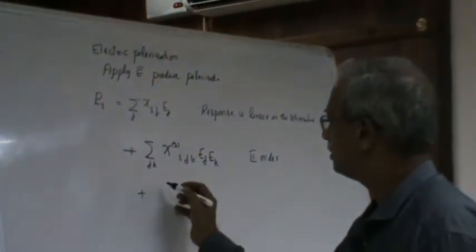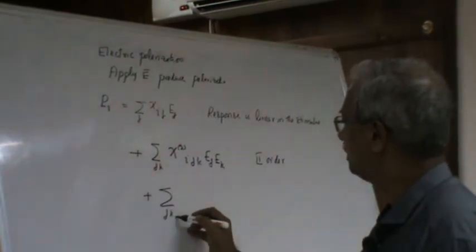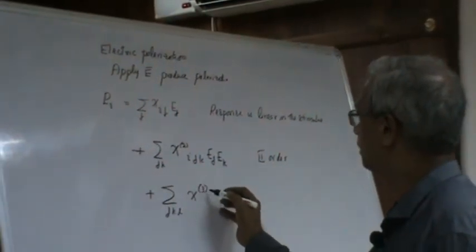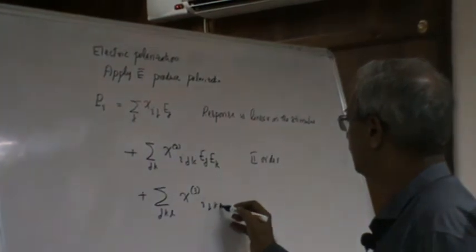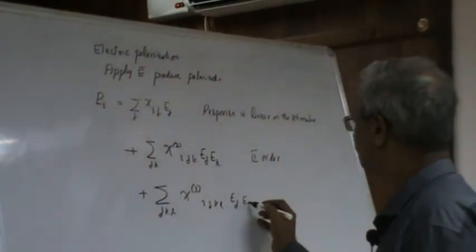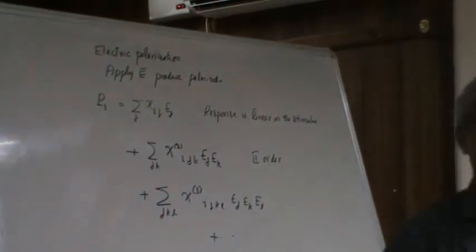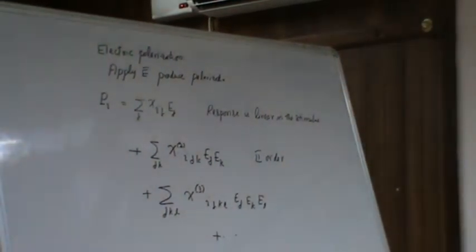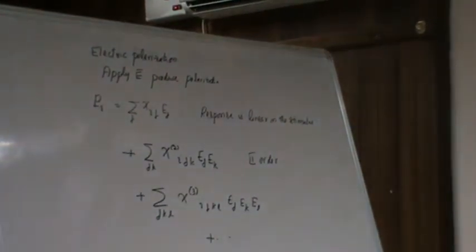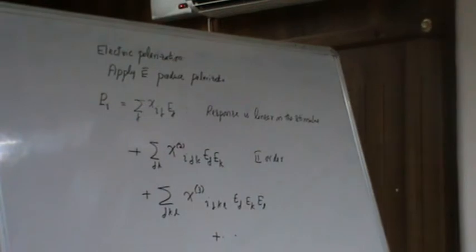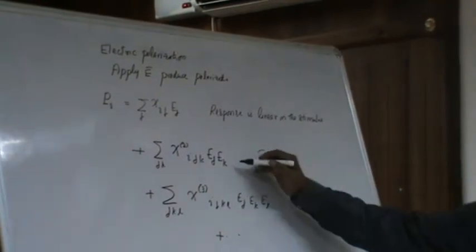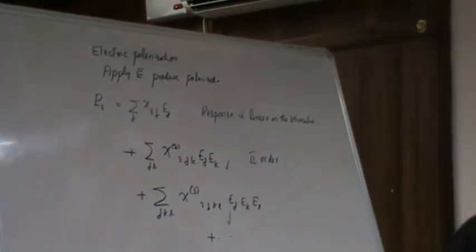If I write it like this, you can see i, j, k, l, and so on. So if you are interested in studying nonlinear media, then you're basically going to look at either this response or this response.